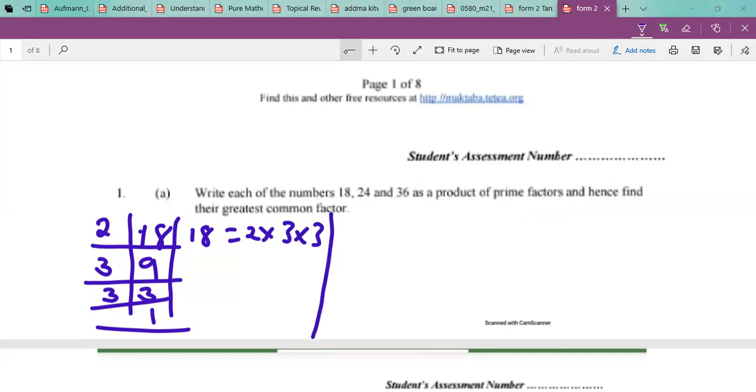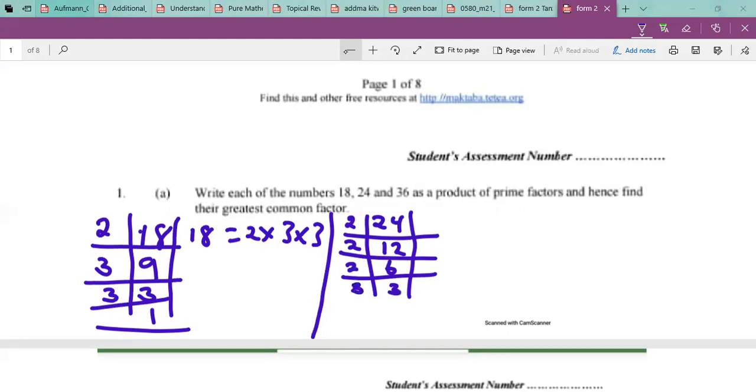Then for 24, we do the same. We try the first prime number, which is 2. 2 into 24 is 12. You bring down 2. 2 into 12 is 6. You bring down 2 again. 2 into 6 is 3.